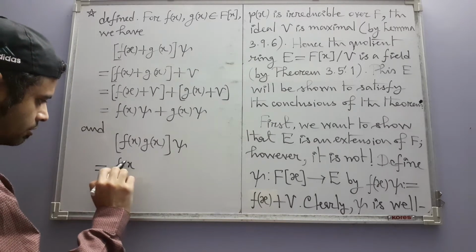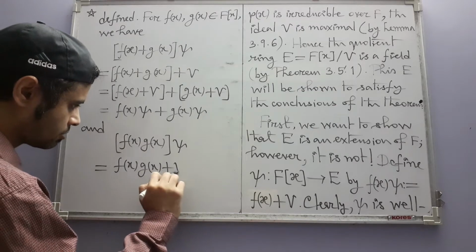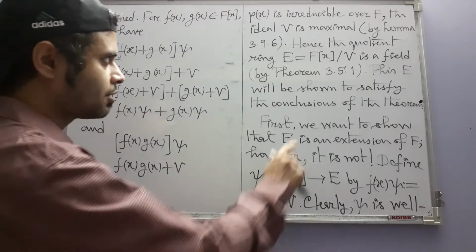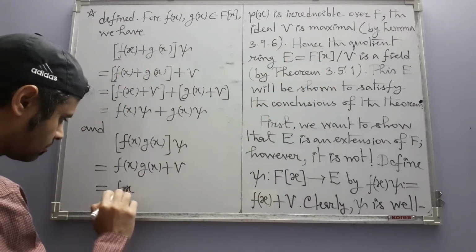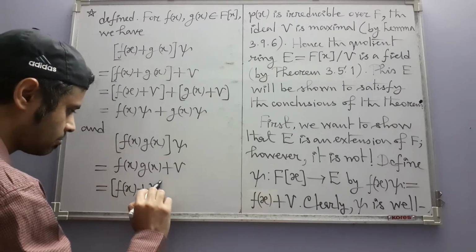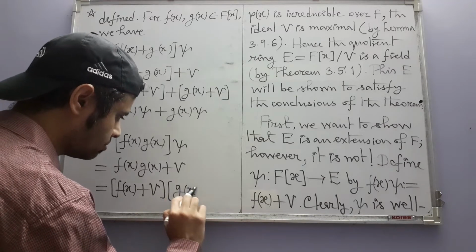this is equal to the corresponding coset. Now, by the definition of multiplication in this field, this coset is equal to this product of two cosets.